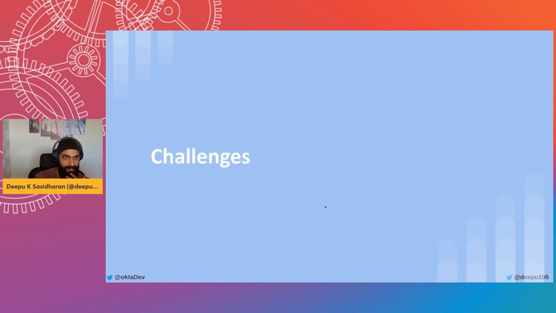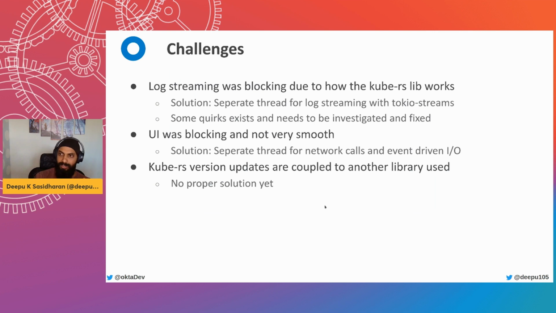Of course, there were challenges. Log streaming was the most challenging part for me. It was because the way log streaming was provided by the underlying kube library didn't work with the architecture that I was trying to implement. Because it was blocking, I had to do a lot of workarounds.